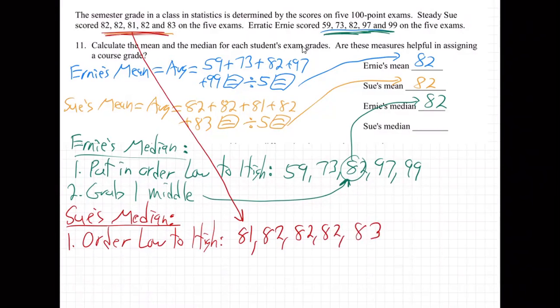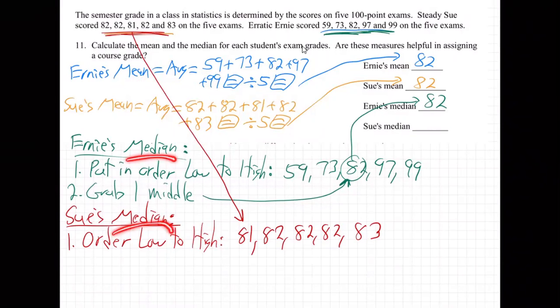Is everybody good with us? That's why that first step is very important when you're finding a median. You've got to put them in order from low to high, like that. It doesn't matter for average. Up here when I did the average, who cares, right? I didn't bother to put them in order for the mean. We didn't care at all. But for the median, it matters.